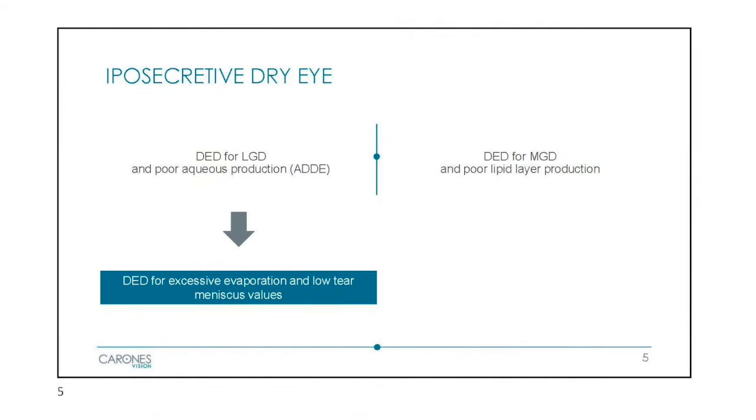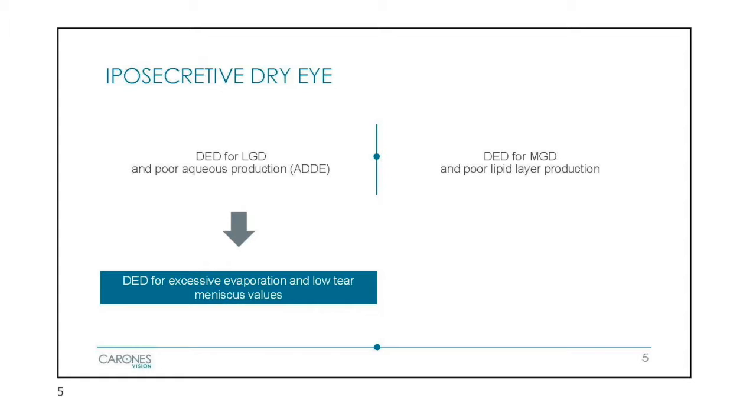And when we check our patients, we can find patients that have a mix of both situations, I mean a mix of aqueous deficiency and meibomian gland deficiency.